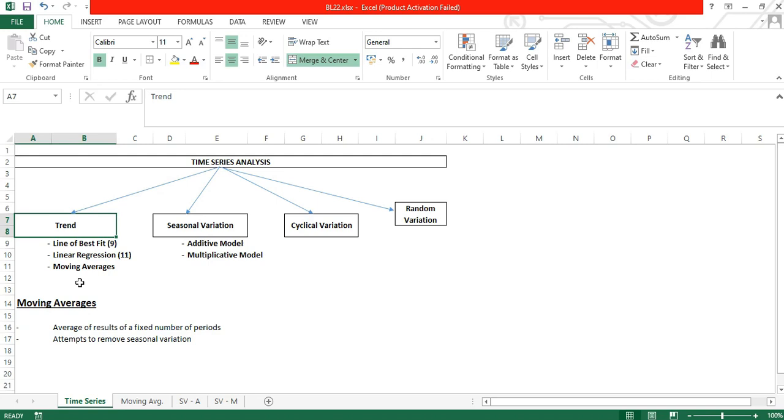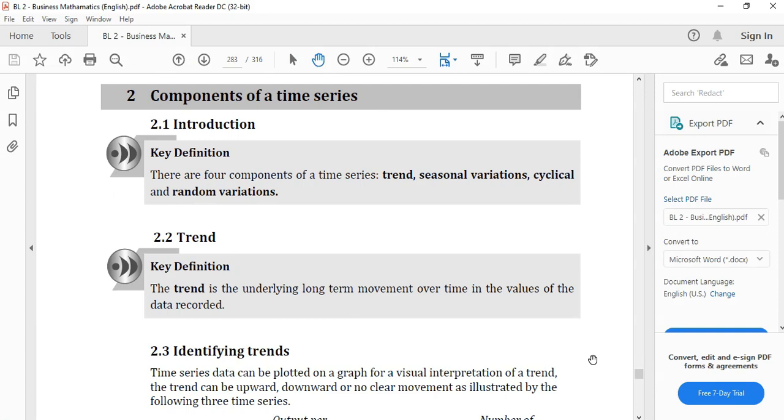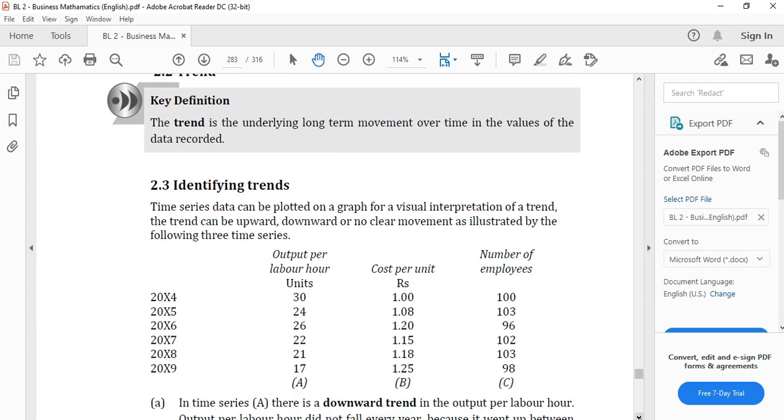Additionally, under seasonal variation, we have to learn how to interpret the additive and multiplicative models. We don't have to learn how to calculate it, but I will explain how to calculate it, because then we can understand clearly how to interpret. And for cyclical and random variation, we just have to know the meaning. So let's now look at an overview of trends.